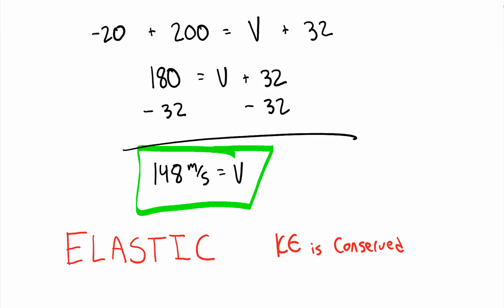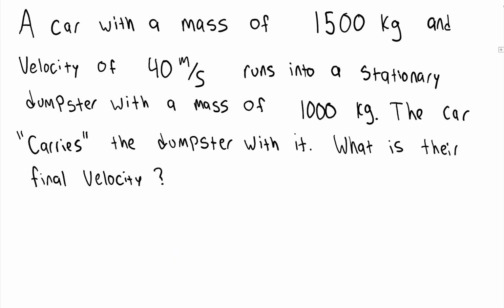When the kinetic energy is not conserved, you have an inelastic collision, or a not elastic collision. So in this case, where they stick together, it is also called a perfectly inelastic collision, because an inelastic collision is when the kinetic energy is not perfectly conserved, but in a completely or perfectly inelastic collision, they totally stick together.